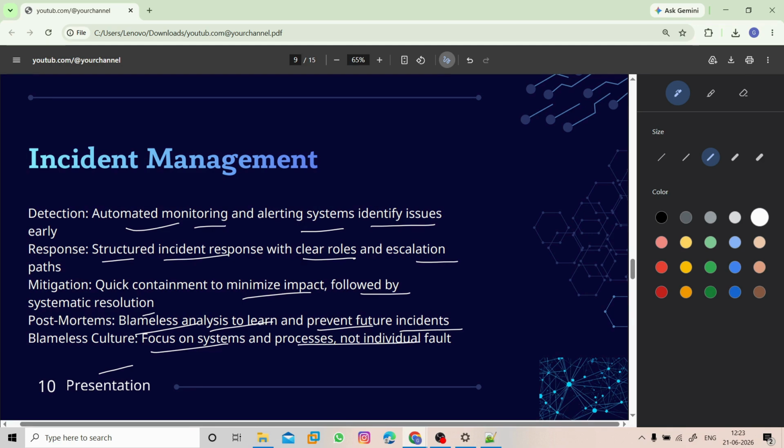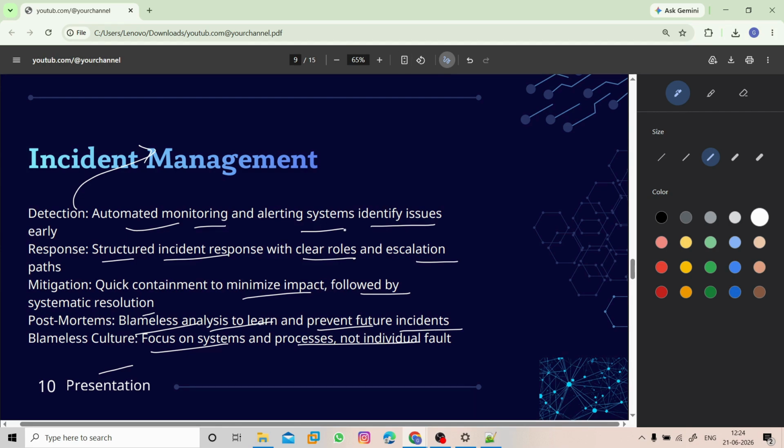So, incident management is nothing but this: incidents will happen. The question is not whether an incident will occur. The main question is how quickly we detect it, respond to it, and learn from it. That is incident management.